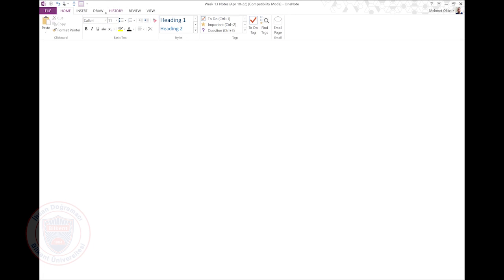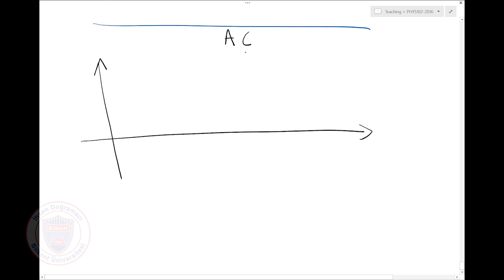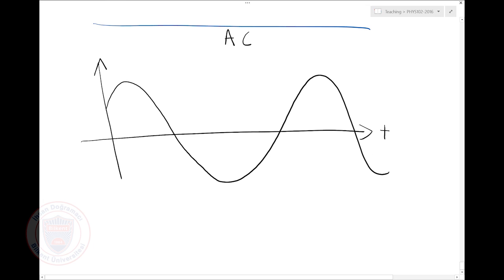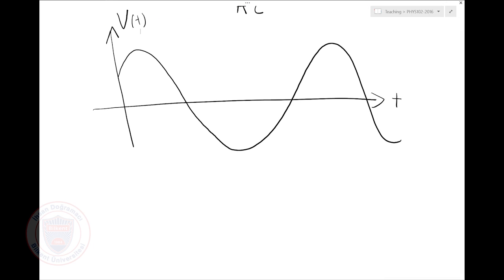Our definition of a sinusoid: we said all the currents and voltages in an AC circuit can be written as a sinusoid. That can be a voltage as a function of time, or current as a function of time.